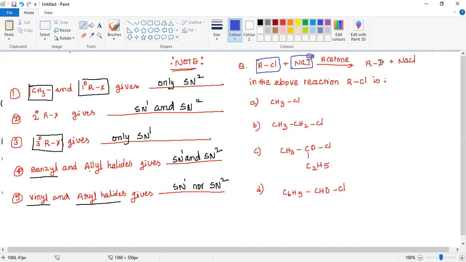So RI, then NaCl is removed. In the above reaction, they are asking what R in RCl may be. It may be CD3, or CD3CH2, or CD3CH, where instead of hydrogen the deuterium is given. We can take that, no problem.